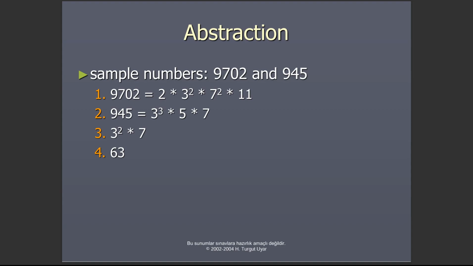Step 3: looking at both numbers, we can see they share some prime factors: 3 to the power of 2, where we take the smaller power, and 7. Step 4: to get our GCD, we multiply these common factors. 3 to the power of 2 times 7 equals 9 times 7 equals 63. So 63 is the greatest common divisor of 9,702 and 945.